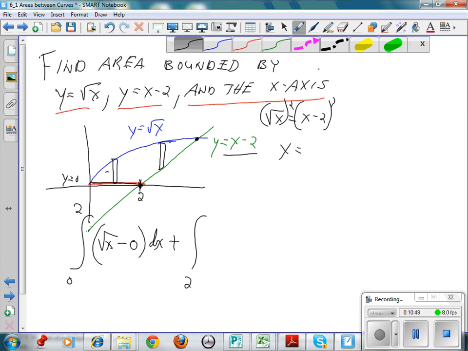I'm going to get x is equal to x squared minus 4x plus 4, so x squared minus 5x plus 4 equals 0. That factors as x minus 4 times x minus 1, so x equal to 4 or x equal to 1.